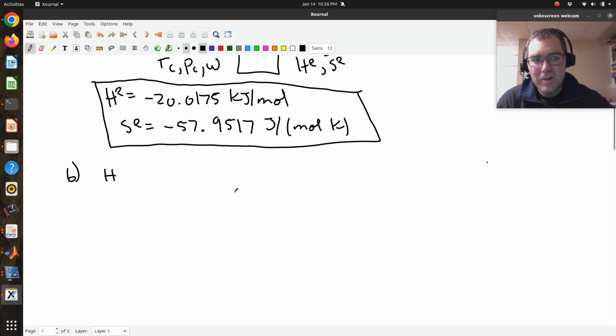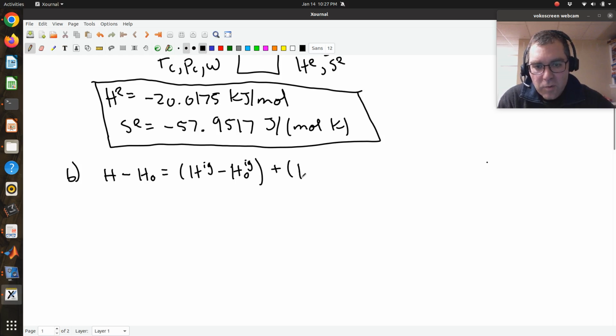So let's try and do this. How I start is I'm going to write this as H, my enthalpy of interest, minus H naught. Calculate differences in enthalpy. Then in the context of chapter 5, I take my differences in enthalpy and I write it as an ideal gas contribution, so difference in ideal gas values, plus a residual contribution, HR minus H naught R. So I take my difference and I write it as an ideal gas contribution plus a residual contribution.